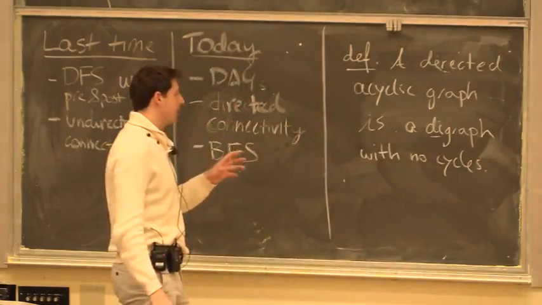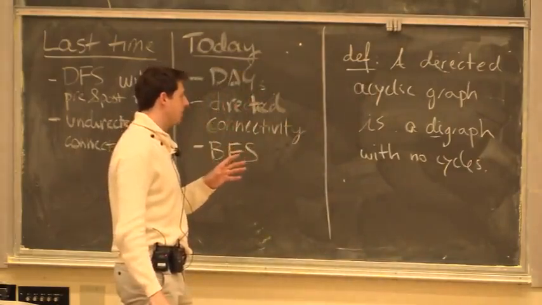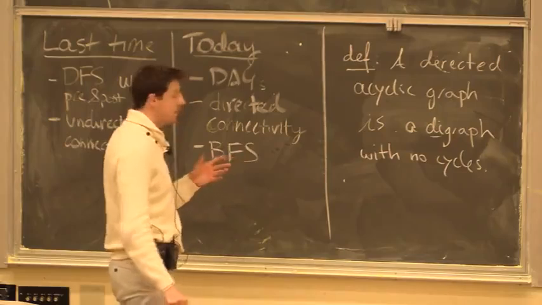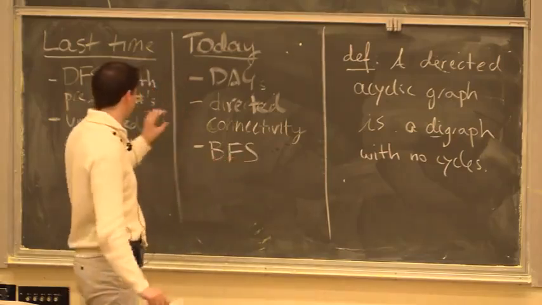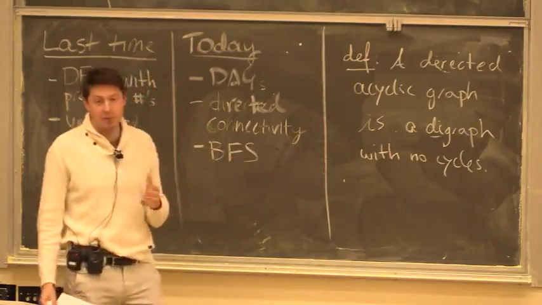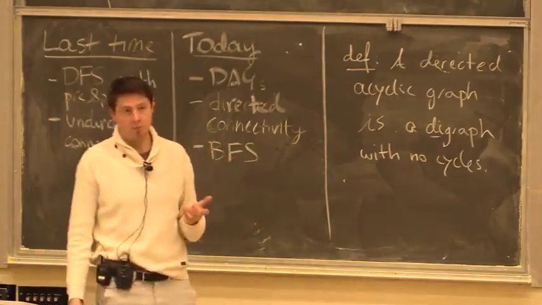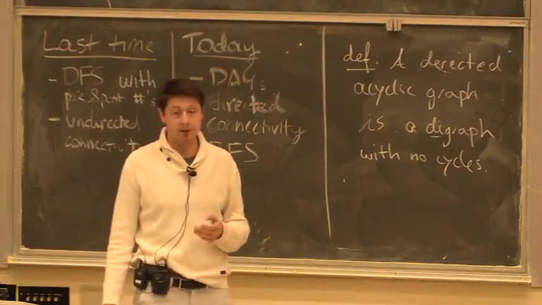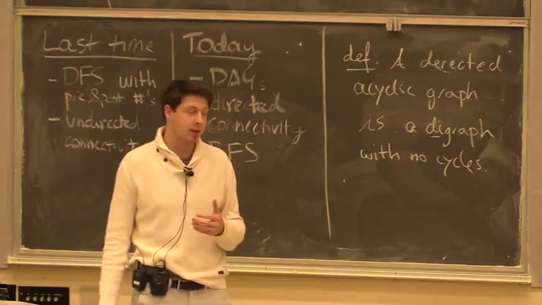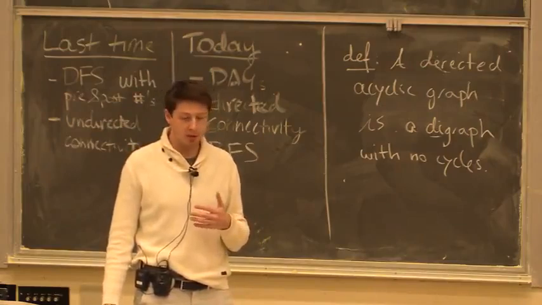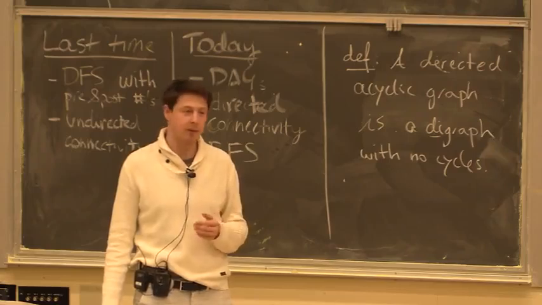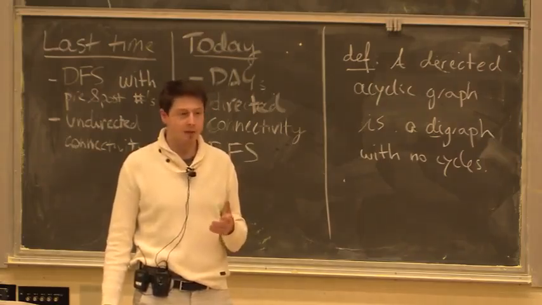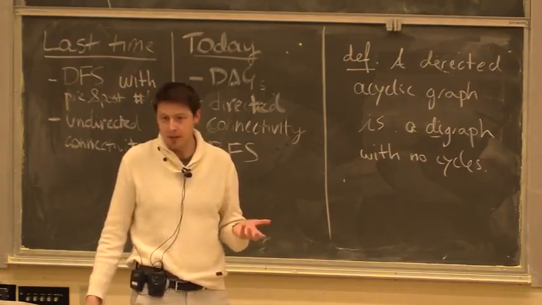Today, directed acyclic graphs will mostly play a role as an auxiliary notion to define the notion of directed connectivity. But they are by themselves a rather important and distinguished class of graphs, even for modeling, right? So if you're trying to model hierarchies or temporal dependencies, typically you will not have cycles, okay?